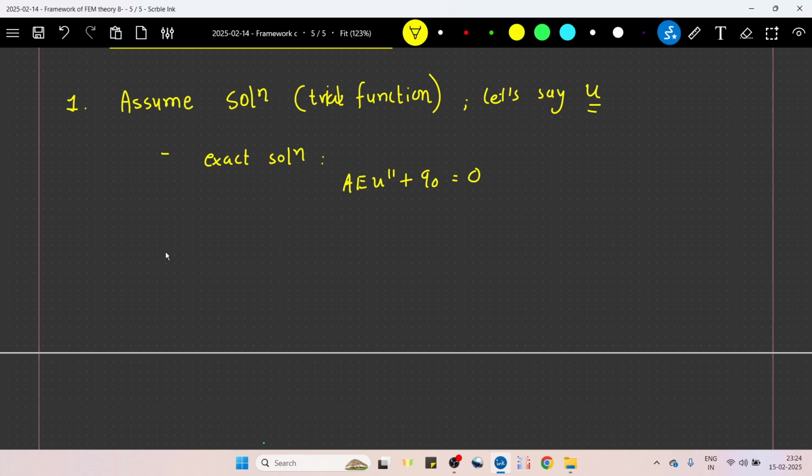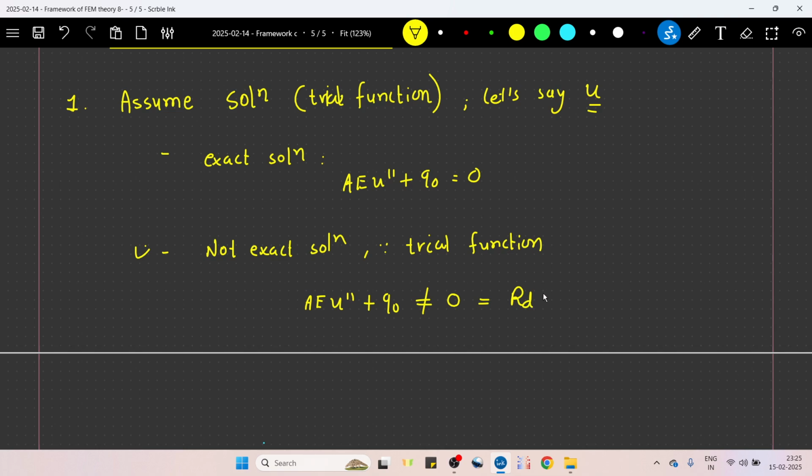However, since this is an assumed solution or trial function, our solution is not the exact solution. So when we substitute our solution in the strong form, it is not going to be zero. So we get some residual or error, and we denote it as Rd of x.